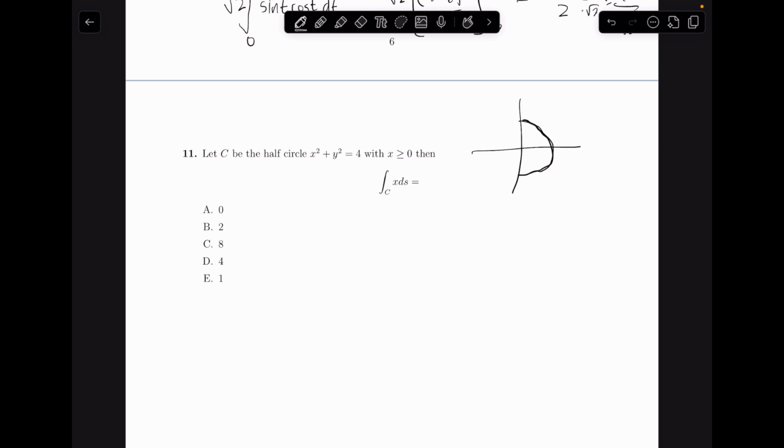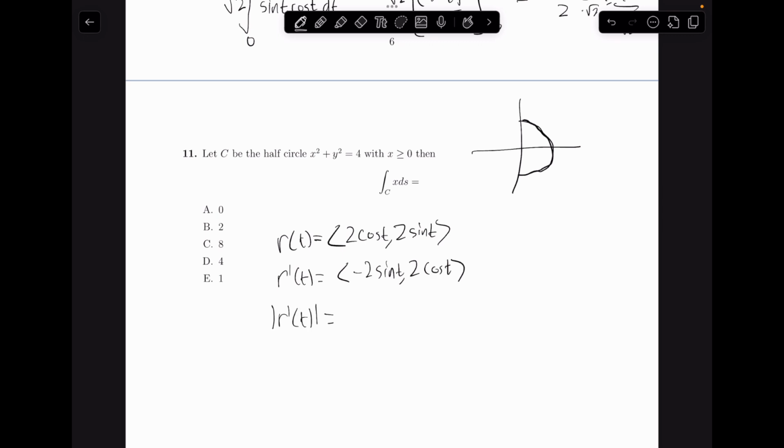So if we get our r of t for parameterization, we're going to get 2 cosine t, 2 sine t, and the 2 is just because the radius is 2 given from there. So let's find our r prime of t. It's going to be equal to negative 2 sine t, 2 cos t. Take the magnitude of that.